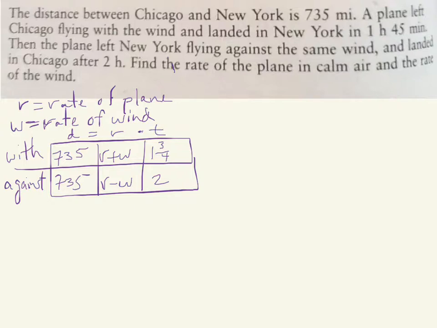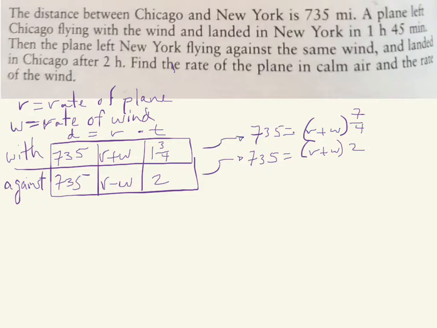So 735 equals R plus W times, I'm going to change that to 7/4 instead of 1 3/4. And 735 equals R minus W times 2, right? This one's right here, and this one's right here.